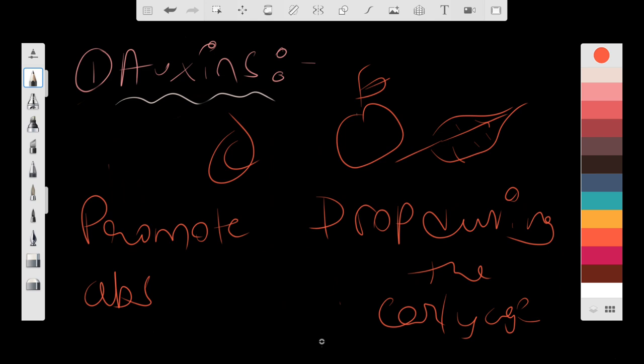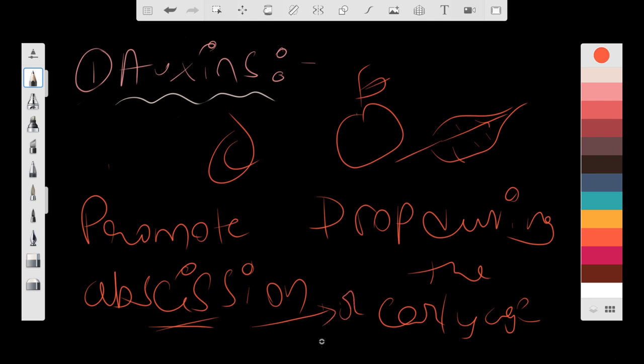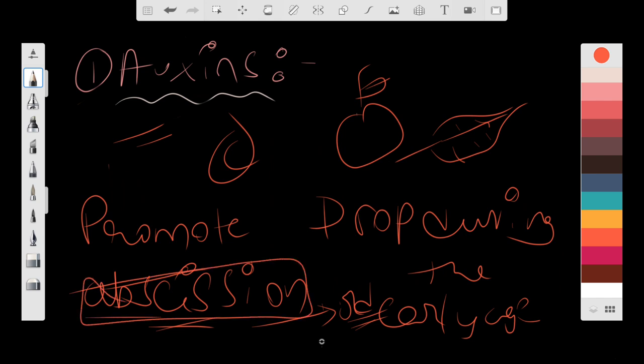What is this abscission now? Very easy definition. They promote abscission. It is the dropping of mature leaves and fruits which are close to senescence, which are close to oldness. Those leaves and fruits are removed by these auxins.